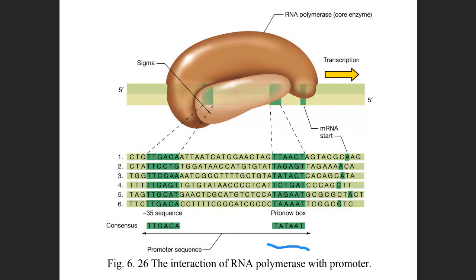One is what's called the TATA box, or -10 region, or the Pribnow box. I'm sorry, you have three different names to worry about. They're the same thing. And then the second binding site is the -35 region.